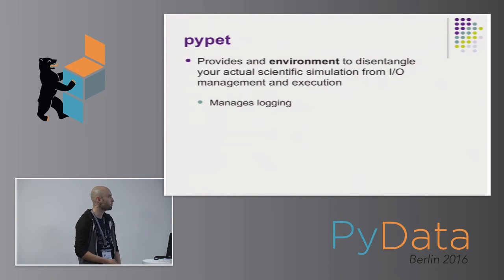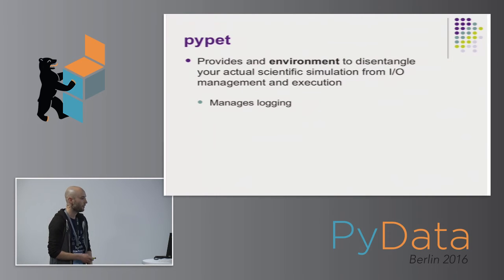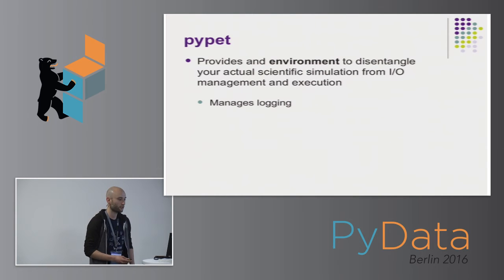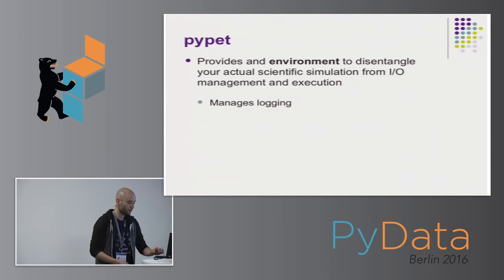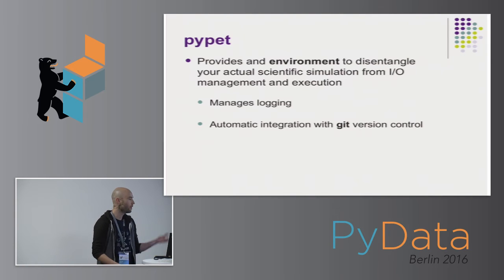Okay, so this is the basic data container provided by pypet, the trajectory. There's another object you can interact with, called an environment. This is basically a Python object that helps you disentangle your core scientific or prototyping simulation from the I/O management and the execution. For instance, it manages creating log files for you.